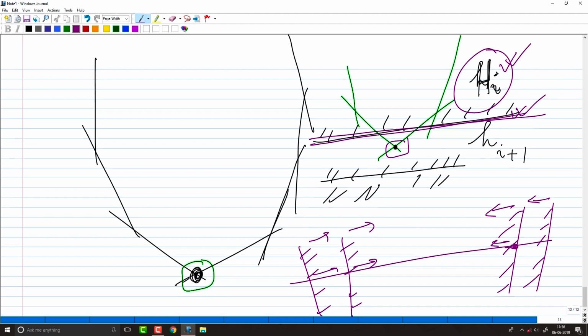I am working under the constraint that the new minimum will lie on this line, small hi plus 1. So, what I do is, from the left I take the rightmost point, from the right I take the leftmost point, any two would qualify for the minimum, I check there.